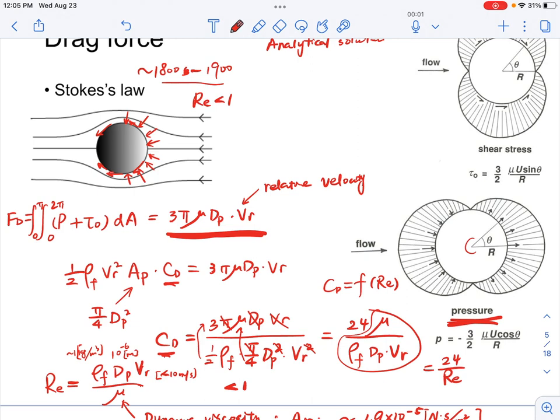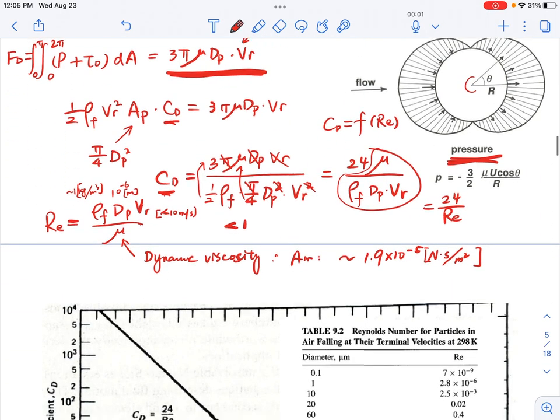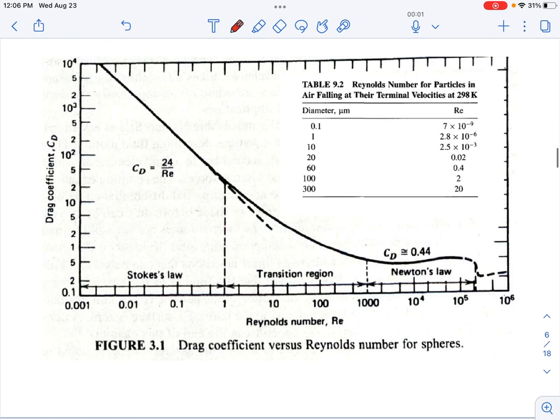For the Stokes regime, there's a specific relationship between the drag coefficient and the Reynolds number. If you extend it to the transition region or the turbulent regime, you can see that for some range of the Reynolds number, the drag coefficient is actually close to a constant. So this is probably the region where, at Newton's time, people were observing.